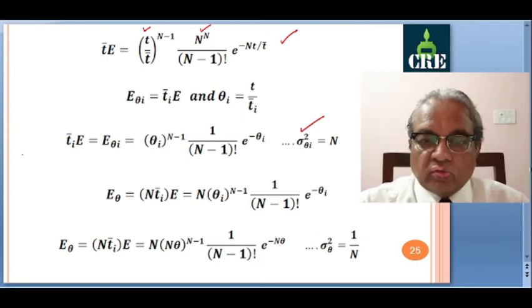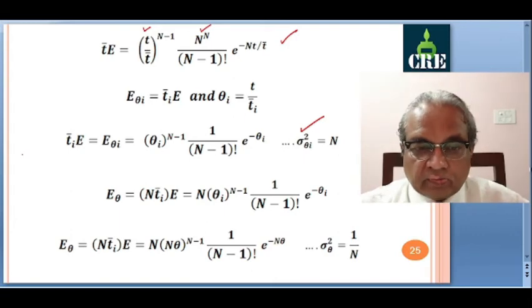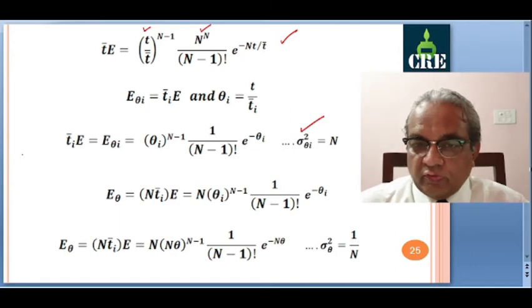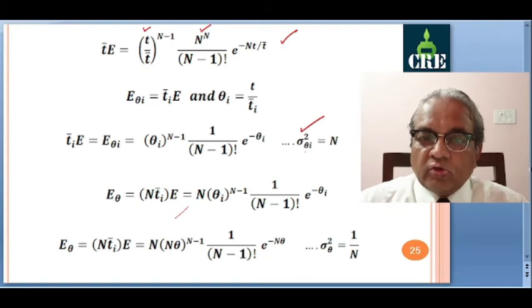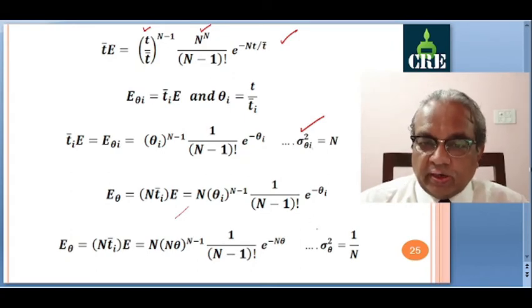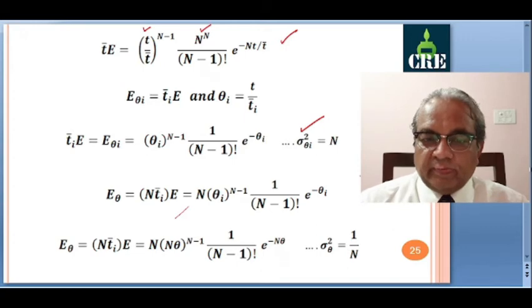So theta I is equal to n theta, that we have written here, and this gives the definition of variance as sigma square theta I equal to 1 by n for each reactor, and in totality it is sigma theta square, and this is equal to 1 by n.